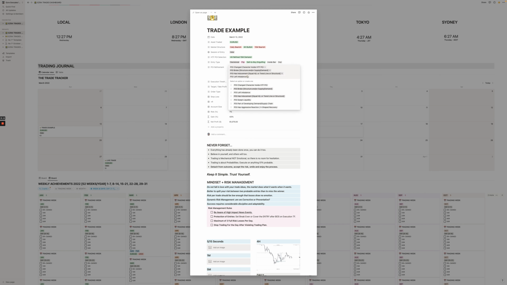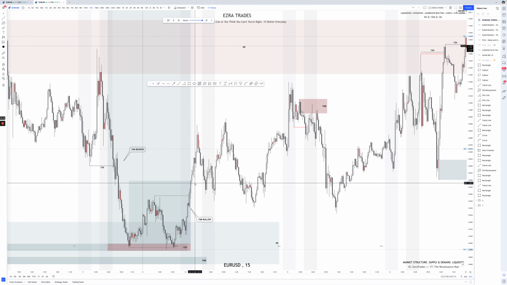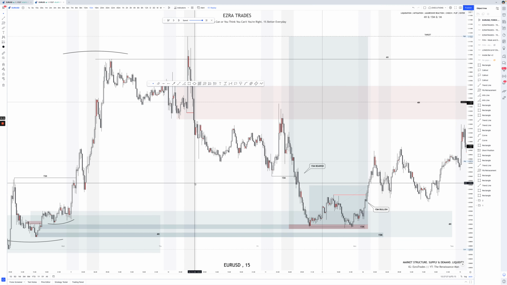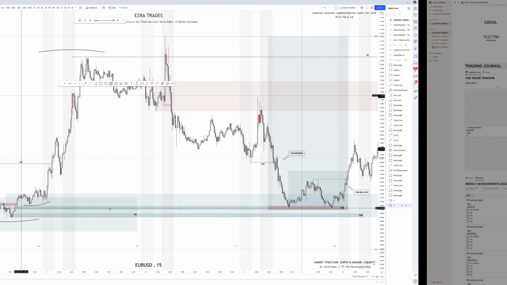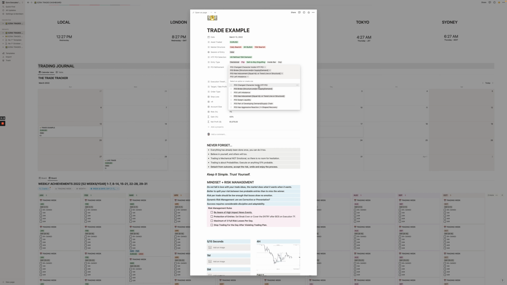I'm looking specifically for characteristics on why this POI should work. Before you take your trade, open up your trade recording system here and think, okay, does this meet these rules? Because if I was going to record this trade, it needs to have these things.